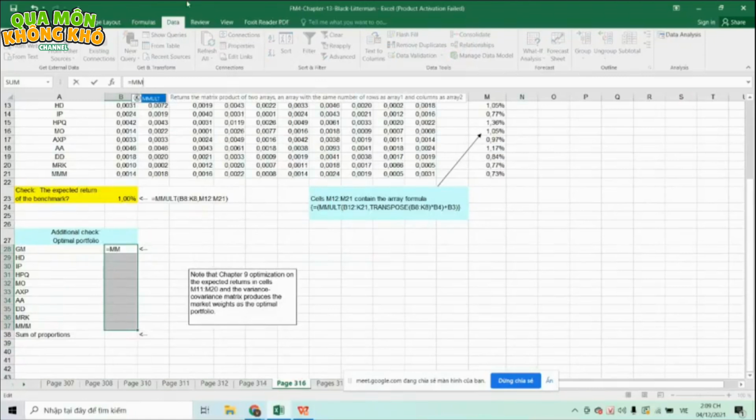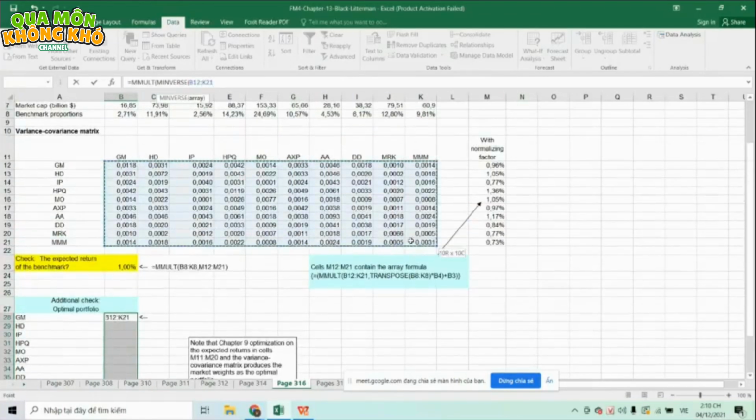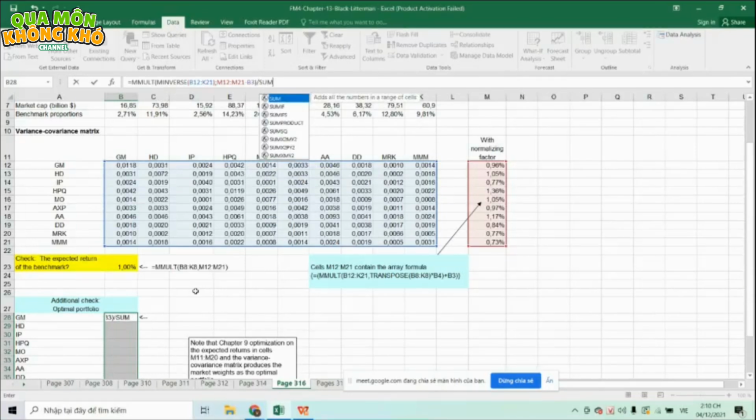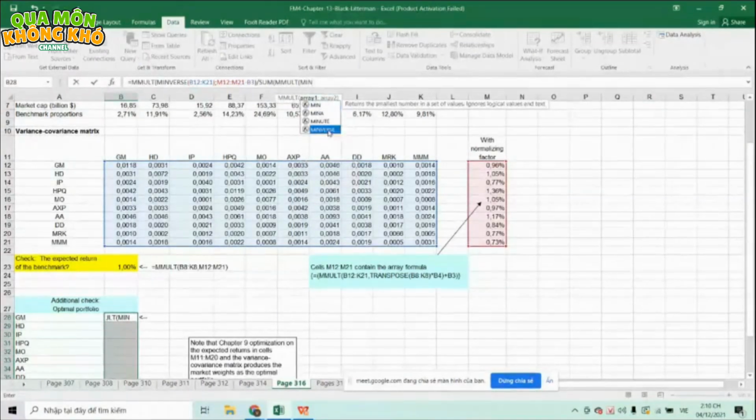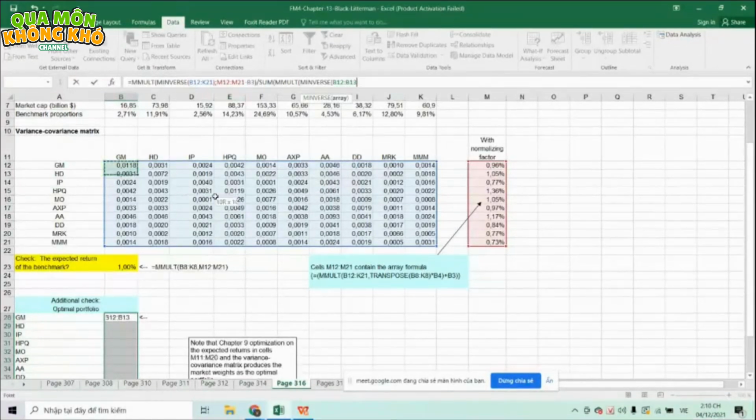Also, MMULT, MINVERSE of this range minus the rate B3, divided by the sum of MMULT, MINVERSE of this range again, normalizing theta minus the rate B3.